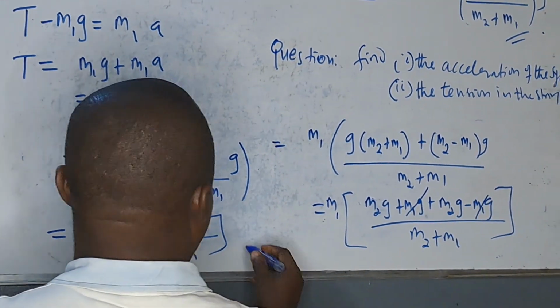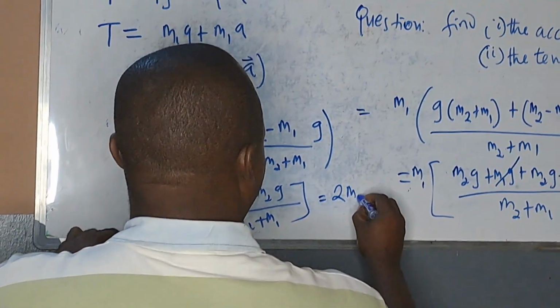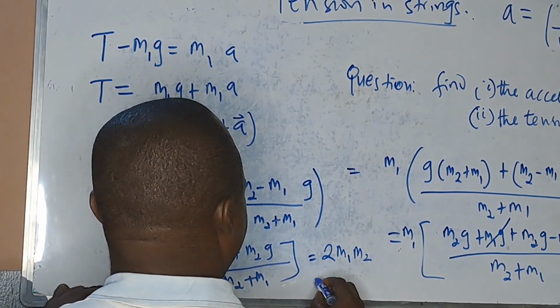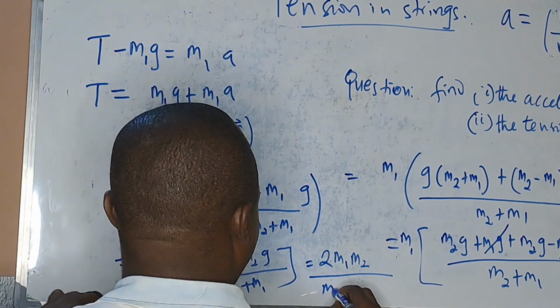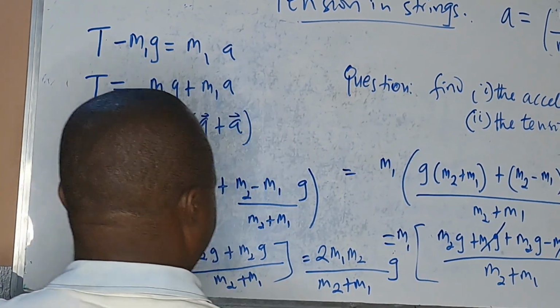And that gives us 2 M1 M2 all over M2 plus M1, G.